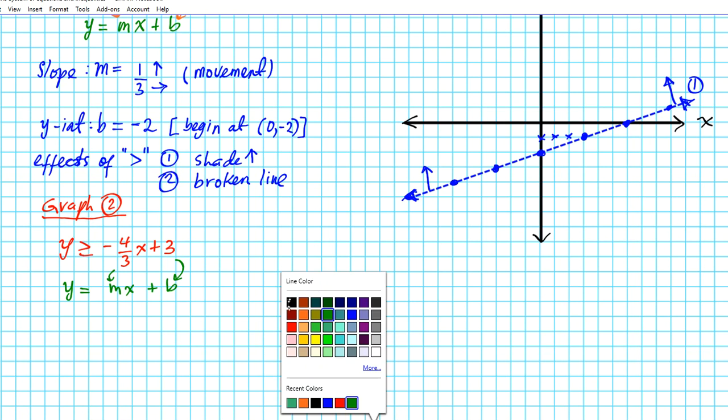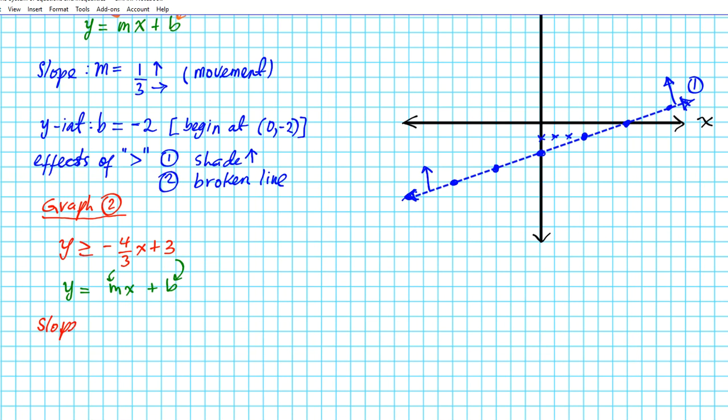Alright, let's go ahead and write down the relevant information to help us graph. The slope first. M is given by negative 4/3. So what does this tell us about the movement? You're going to rise negative 4, which is a fall. So you're going to fall 4, and you're going to run 3. Okay? Don't forget, these are your movements.